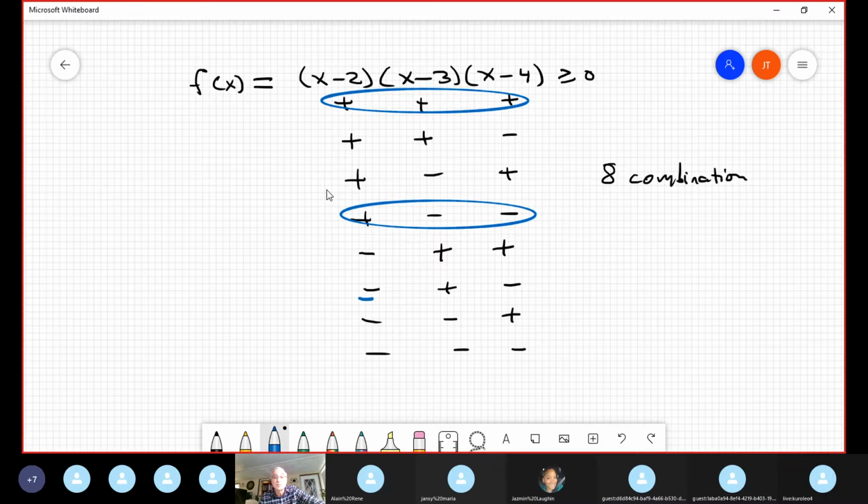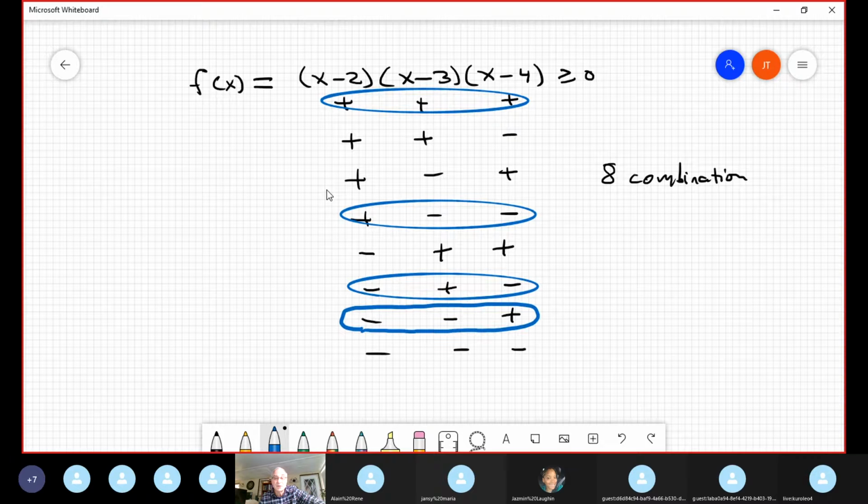For example, this. And the last one is this. How do you know? Well, easy. You count how many negatives we have: no negatives or an even number of negatives. 2 negatives, 2 negatives, 2 negatives, to say it's positive. But actually, you have to work with only 4 combinations.